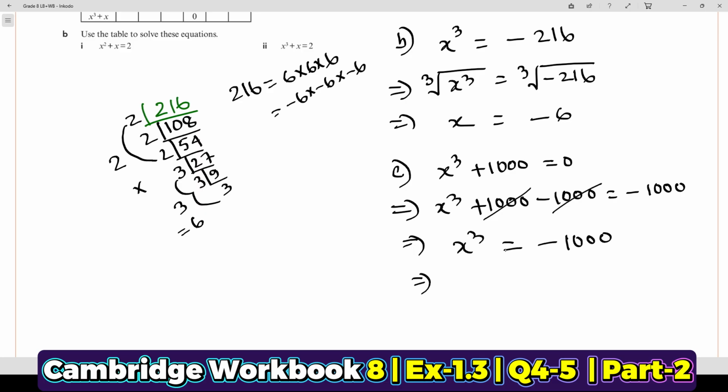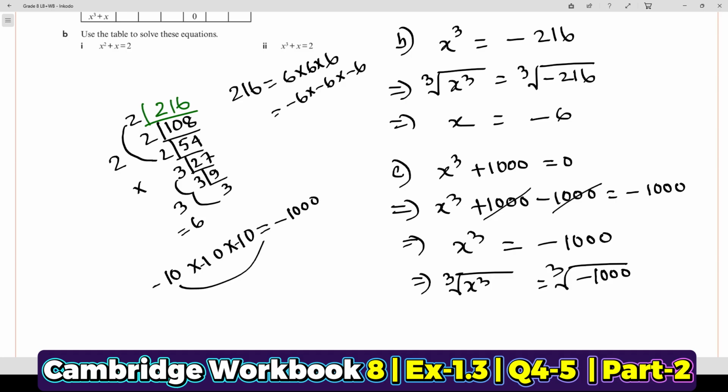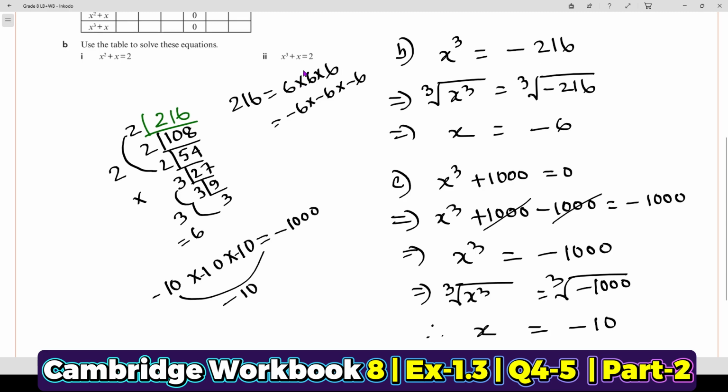Now we are going to take the cubic root of both sides. So here is x cubed, and here is the cubic root of minus 1000. 1000 can be written as 10 times 10 times 10. Same thing, minus 10 times minus 10 times minus 10, once you multiply we get minus 1000, right? So from these three minus 10s we take 1. So the result will be x equals minus 10.